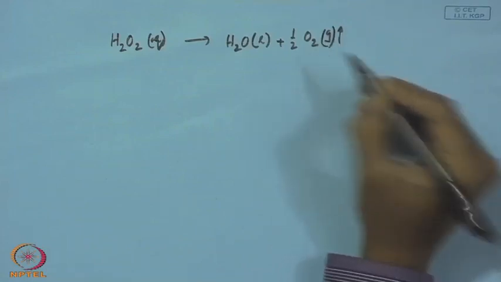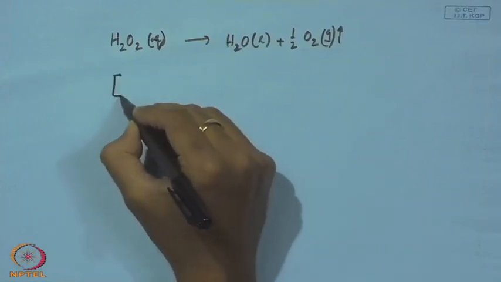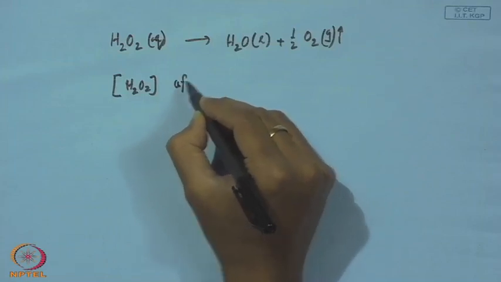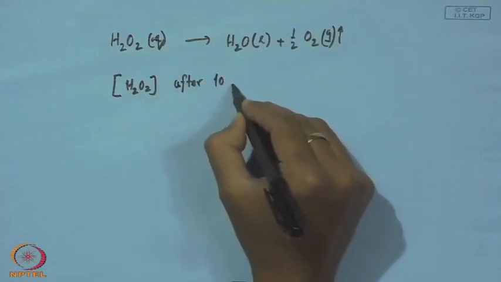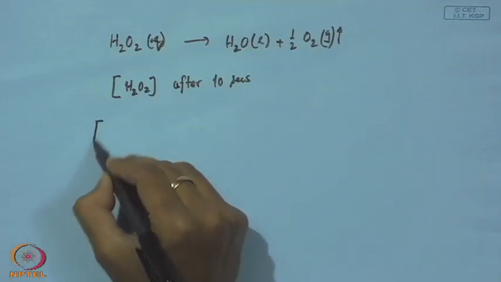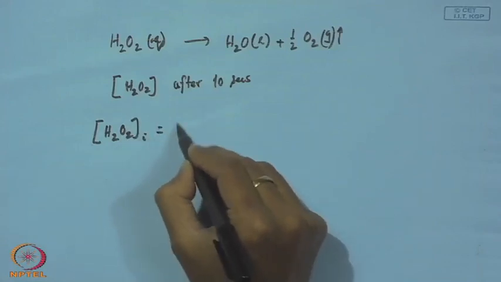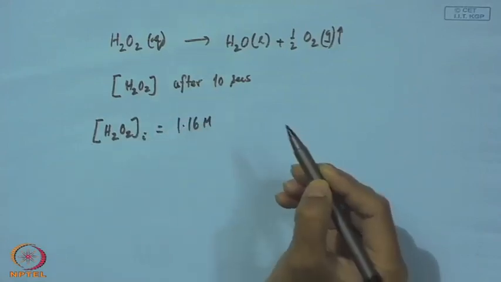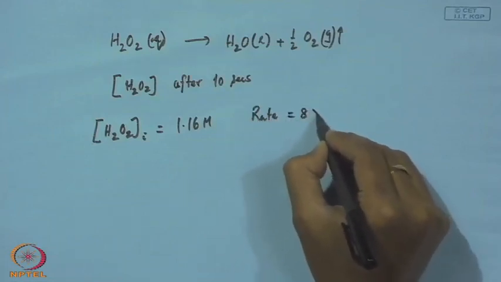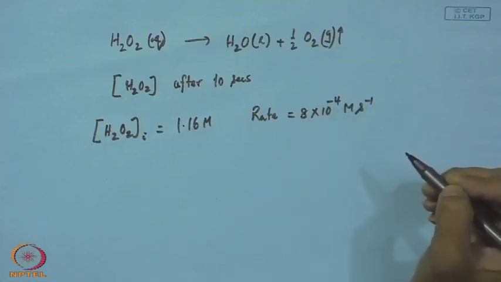Okay. So, in that case we would like to find out the concentration of H2O2 after 10 seconds. So, let us think that the initial concentration is given to be say 1.16 molar, and also given that the rate is equal to 8 × 10^-4 mole second inverse.